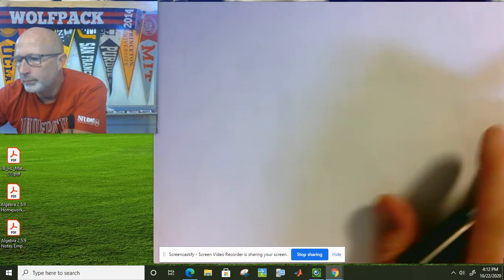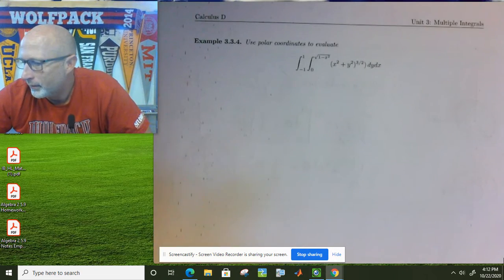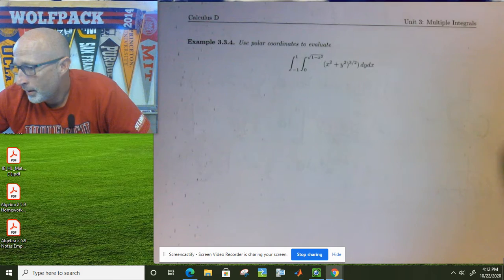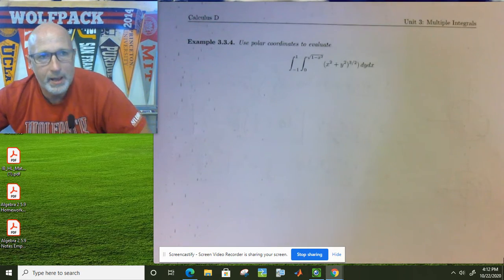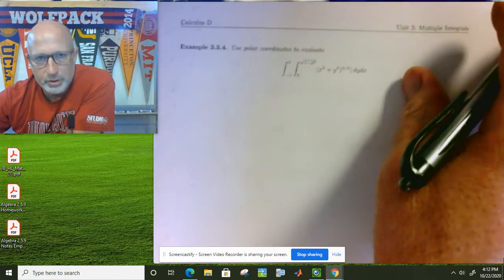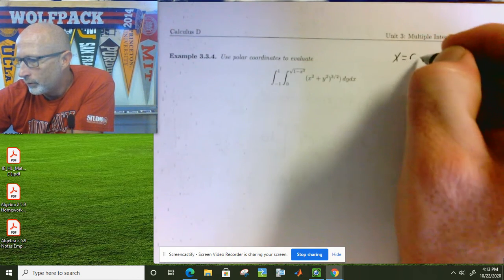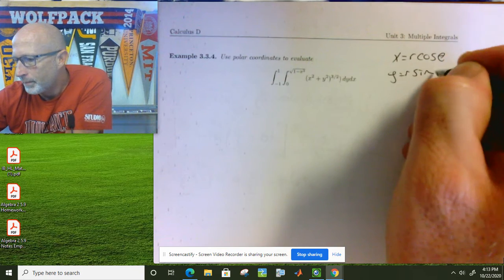Okay, and then one more. Use polar coordinates to evaluate this thing. Now this looks like an awful mess, but what's really nice here is when we switch it to polar, it's not so bad. So remember, the key that switches from rectangular to polar is x is equal to r times cosine theta, and y is equal to r times sine of theta.